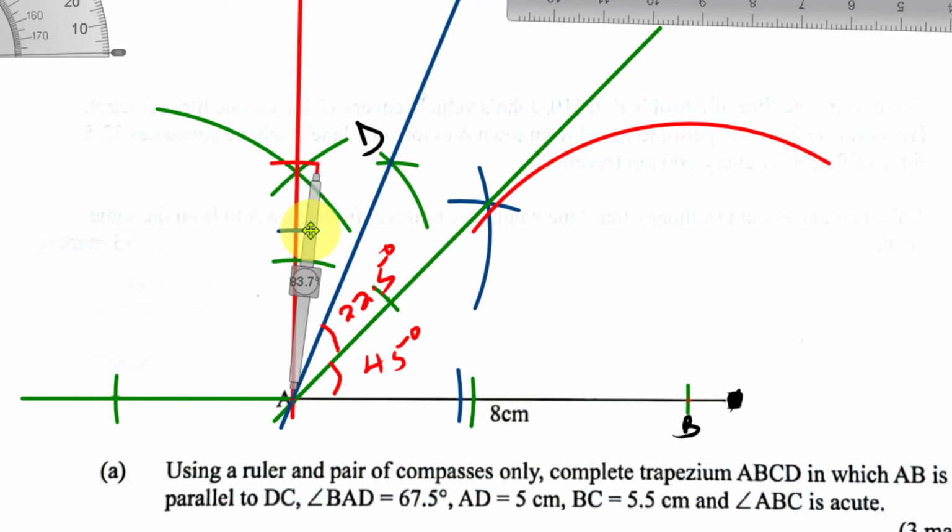Now we are taking this distance here. Forget that AD was 5.5. No, AD was 5, not 5.5, it was 5. So AD was somewhere there.